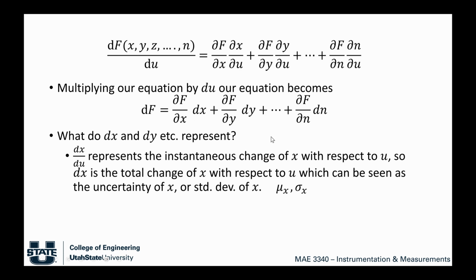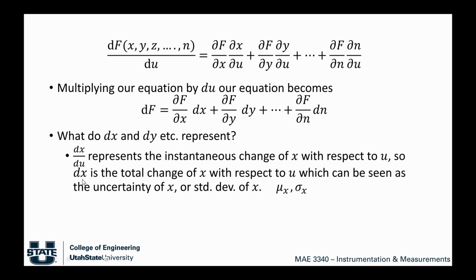So what does the dx and the dy represent? Well, the partial represents the instantaneous change of a variable with respect to our uncertainty. So how much does it change? So it's kind of the sensitivity of our uncertainty with respect to that variable.